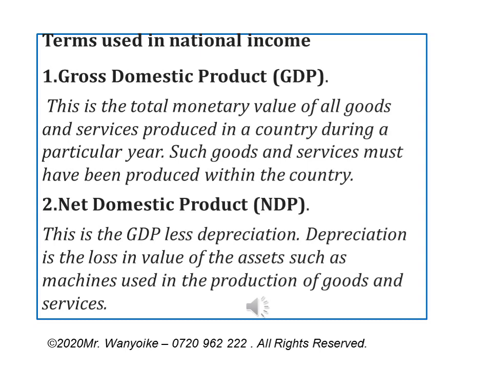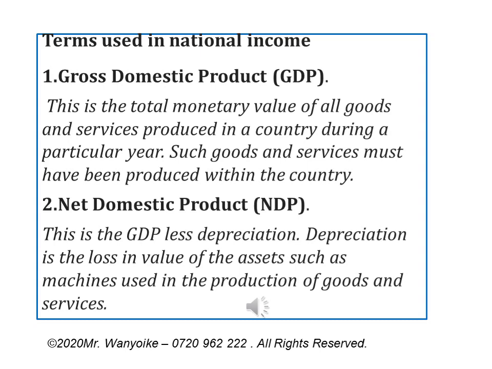Number 2 is net domestic product, or NDP. This is the GDP, or gross domestic product, when we subtract depreciation. Now, depreciation is a loss in value of assets as a result of being used in the process of production. For example, if we use machinery, it is wearing out. If we use our roads, they are wearing out. How much have we lost in the process of earning what we have earned?